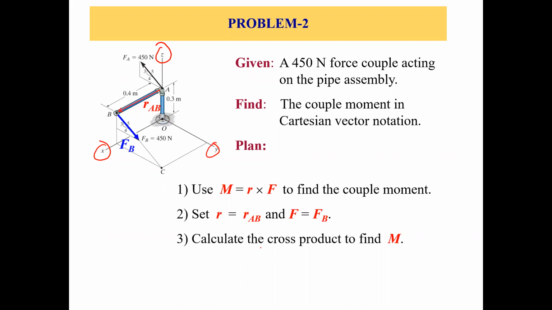We don't have a force in vector form, so we'll need to find that force in vector or Cartesian form, and we need to find the position vector r. So r cross F will give us the moment in Cartesian form or vector form. Let's move forward.